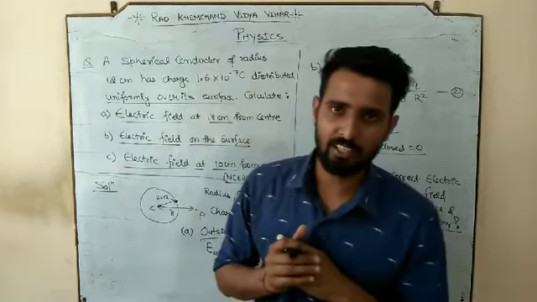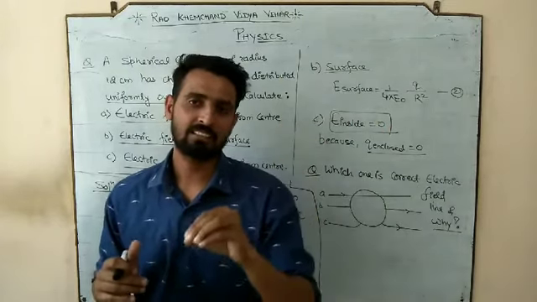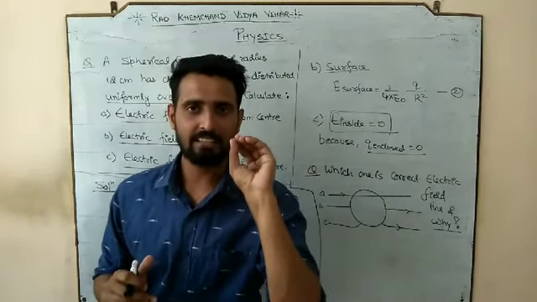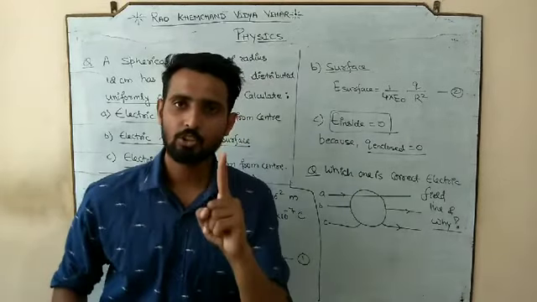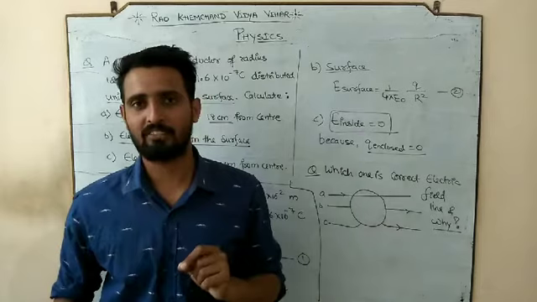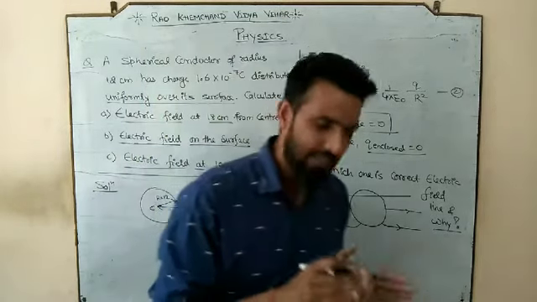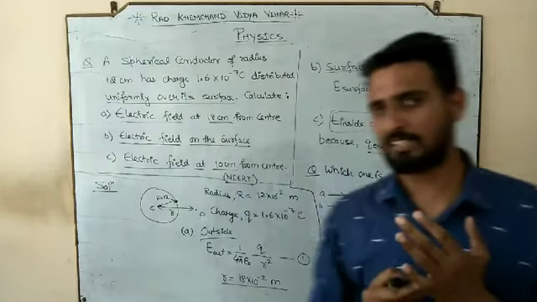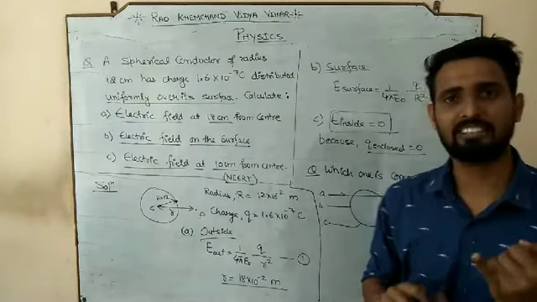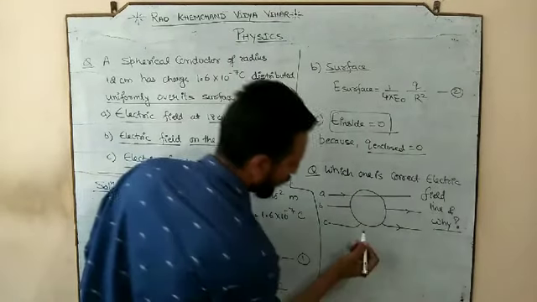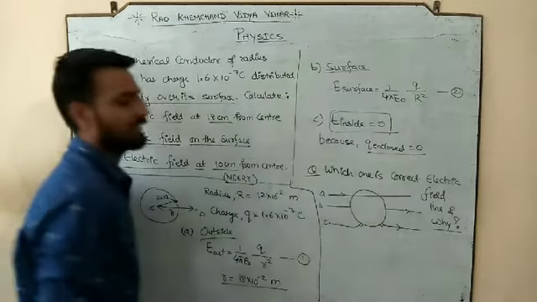There is one property of electric field lines, either second or third: electric field lines should be normal to the surface. We had written the reason why. So now we know two things. First, inside the electric field should be 0, and second, with the surface it should be normal, making 90 degrees.